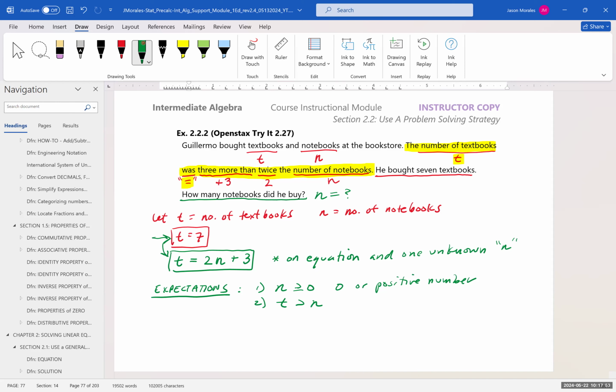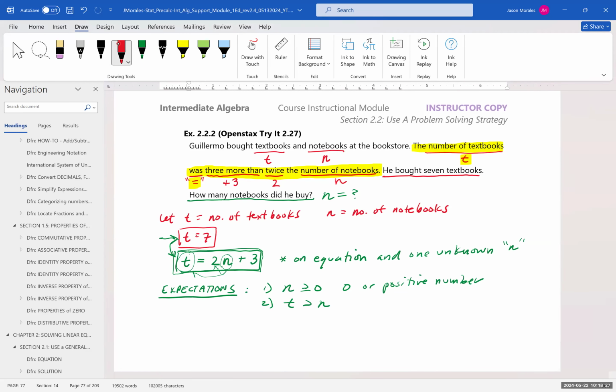So, T all by itself is greater than N, because at the very least, N needs to be doubled to get close to the size of T. So this equation here is kind of informing us that the number of textbooks, T, is greater than the number of notebooks. So these are a couple of expectations that we can expect our answer to look like. And we'll check that later when we actually solve for N.